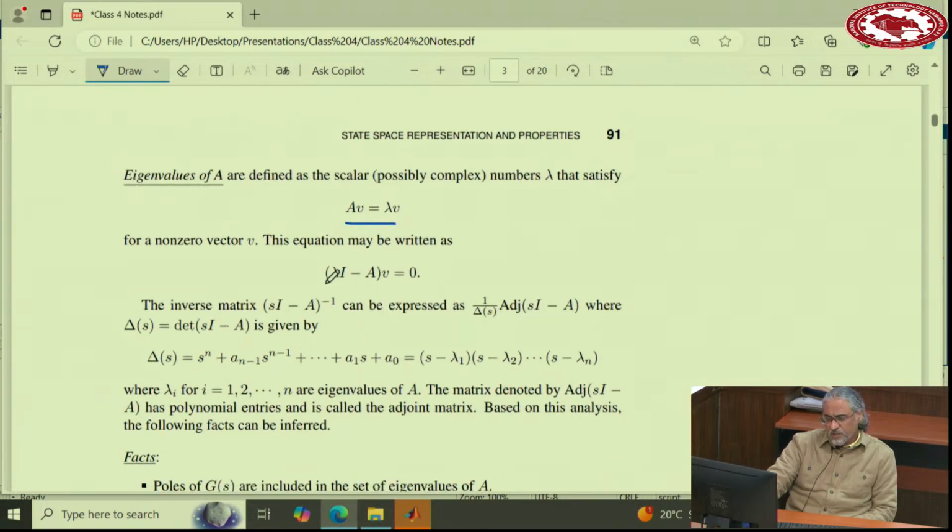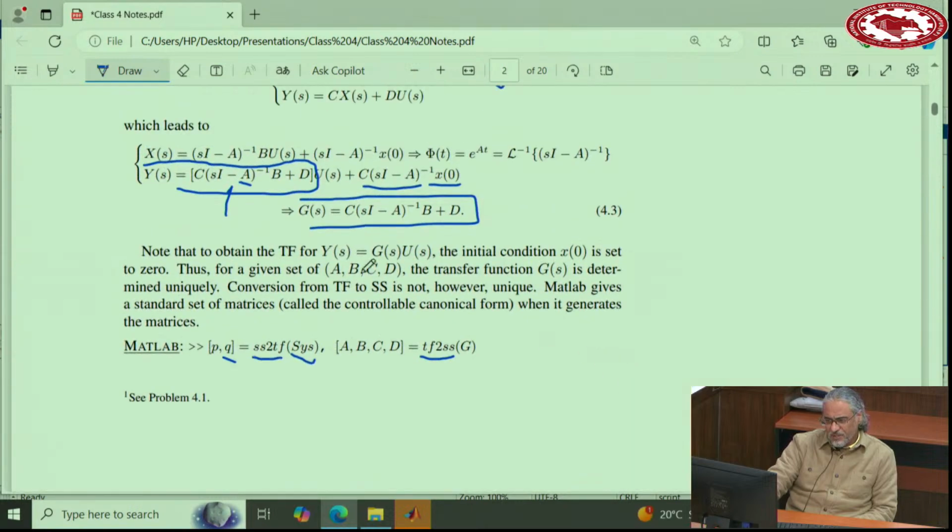So that equation becomes (lambda I minus A)v equals 0. For this equation to have a non-zero solution, the determinant of this matrix must be 0. So the determinant of this gives you a polynomial, let's say like this, equal to 0, and that gives you the eigenvalues of this system.